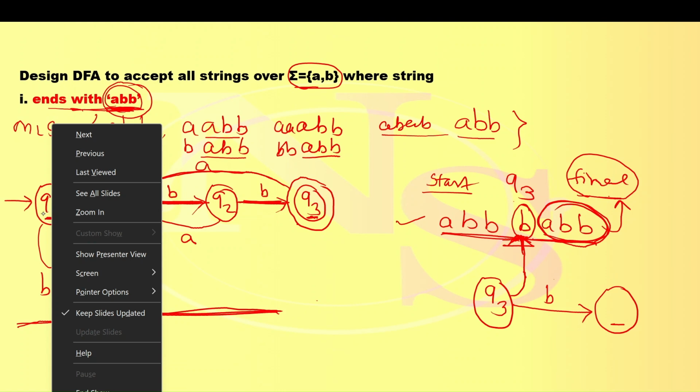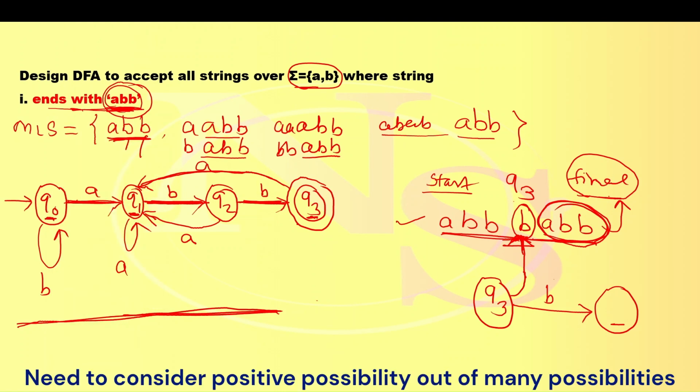Q0 reading ABB, check. Yes, Q0 reads ABB going to the final state. So here will be Q0. How to understand this? We are trying to find the transition from Q3 for symbol B. So the transition from Q3 for symbol B will go to Q0, and Q0 has the path for ABB to reach final. As this is a valid string, at the end of the string the automata should be in the final state.